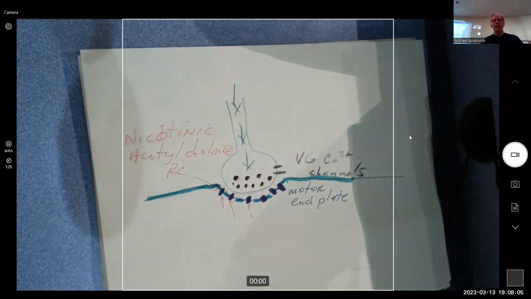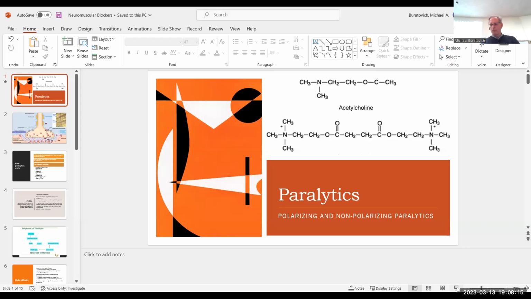These drugs, rather, they're going to target those receptors. So this is drawn a lot better than I could draw it, but as you can see there, the motor neuron is releasing acetylcholine. It binds to the nicotinic receptors.